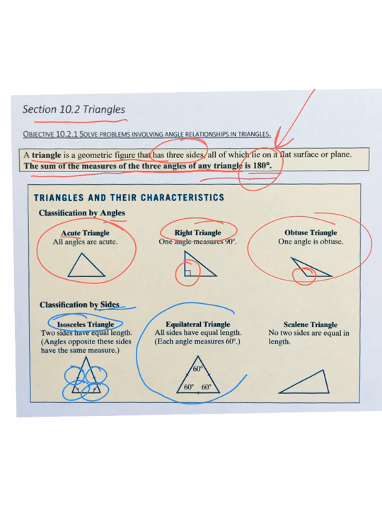Equilateral triangle means all the sides are the same exact length, and also every single angle is equal and measures 60 degrees. A scalene triangle is one where there are no two sides that are equal in length. So none of the sides are the same in a scalene triangle.